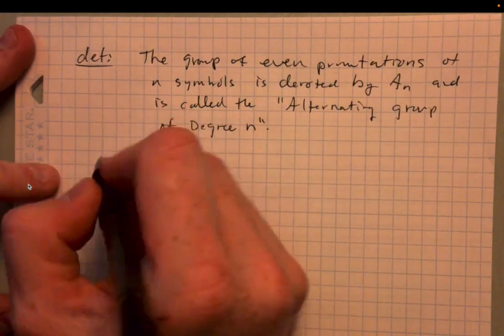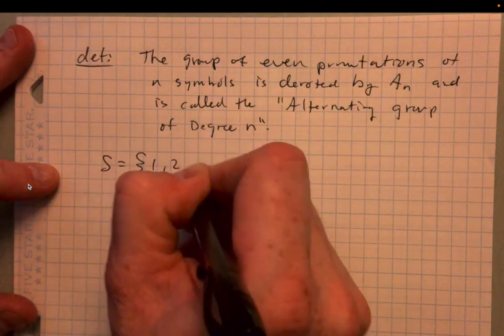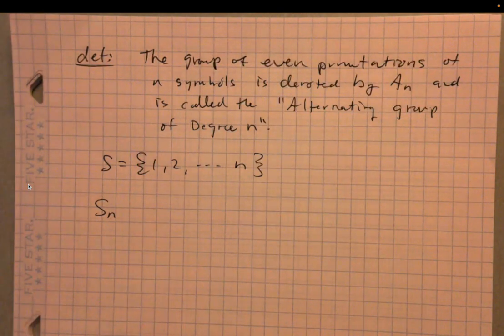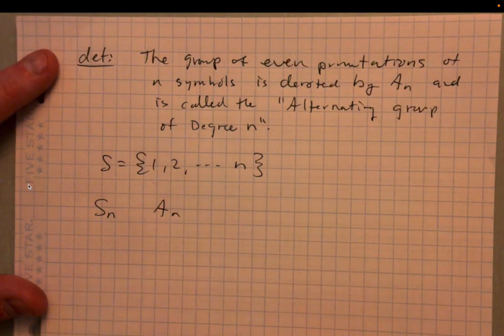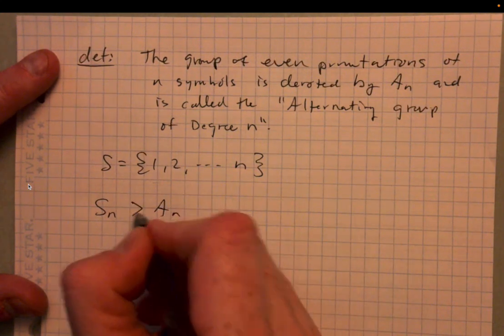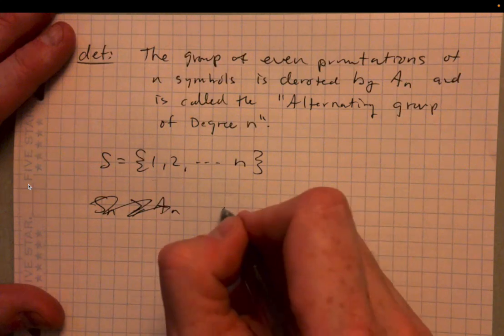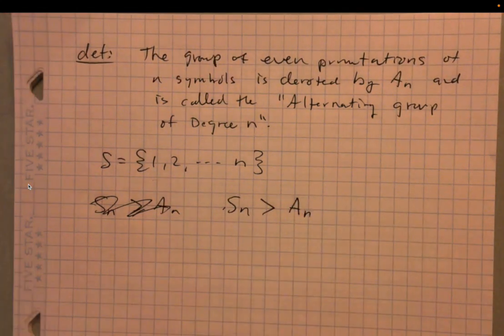If I've got some set S, 1, 2, up to n, Sn is all the permutations on this set S, and An is all of the odd permutations. Well, that's not accurate. I should say it like this: An is a strict subgroup of Sn.